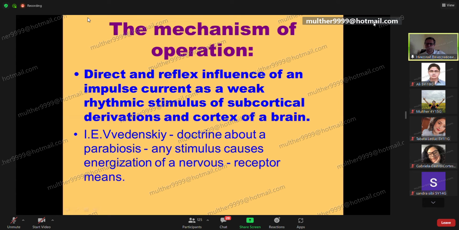The mechanism of operation of electrosleep, electrodream therapy, is associated with the direct and reflex influence of impulse current as a weak rhythmic stimulus on the subcortical derivations and cortex of the brain. The doctrine of parabiosis was elaborated by Professor Vvedensky.